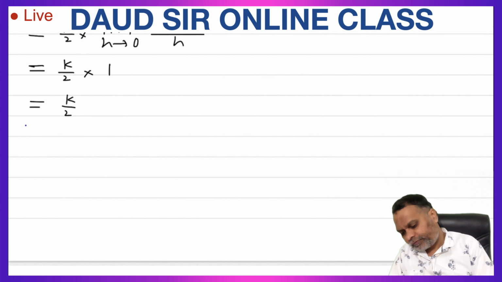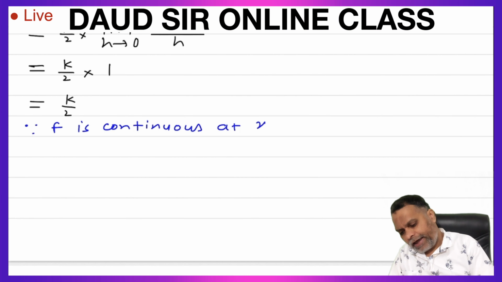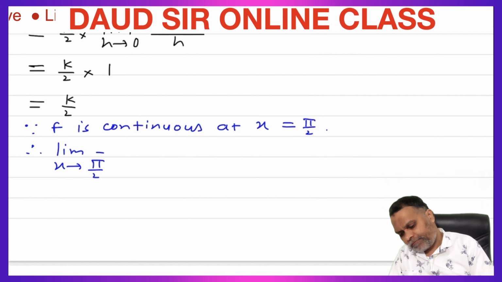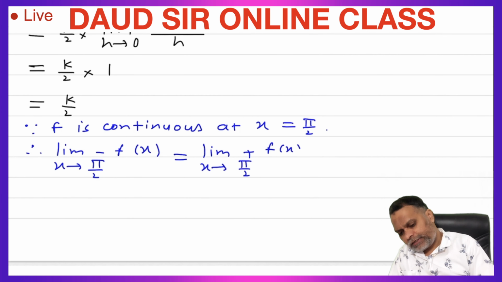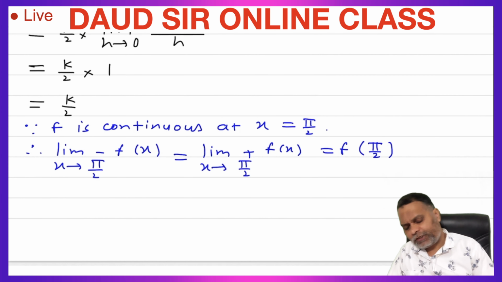Since f is continuous at x is equal to pi by 2, it is given. Therefore, left hand limit is equal to right hand limit is equal to f of pi by 2. Substitute their values.